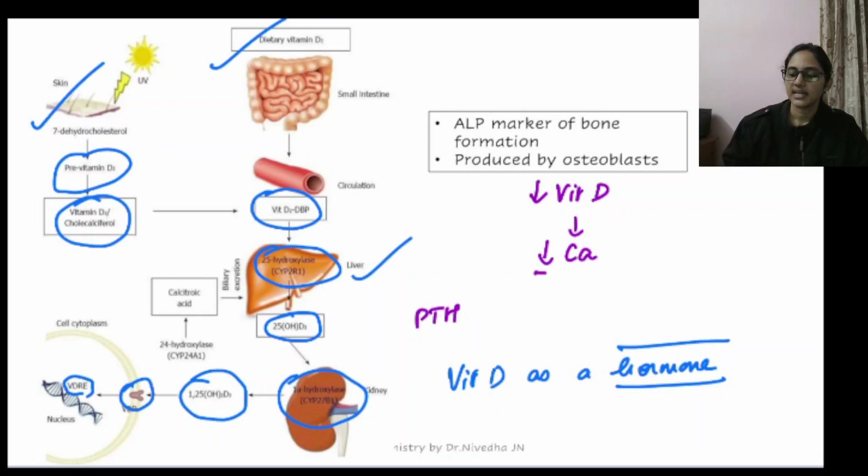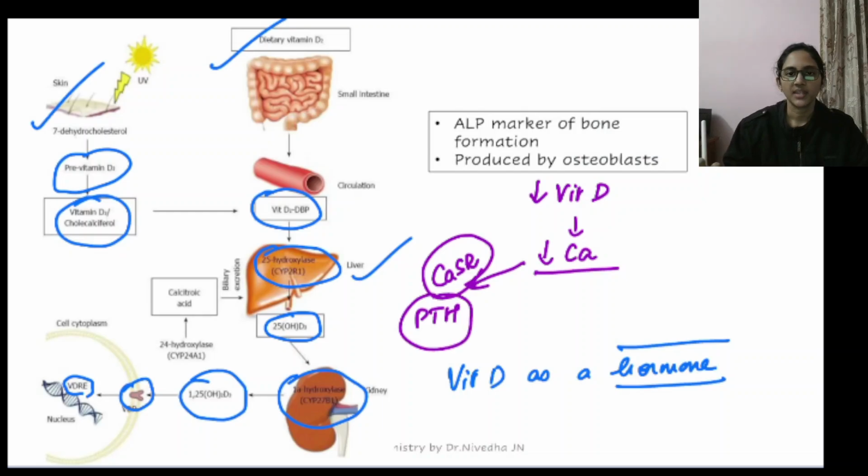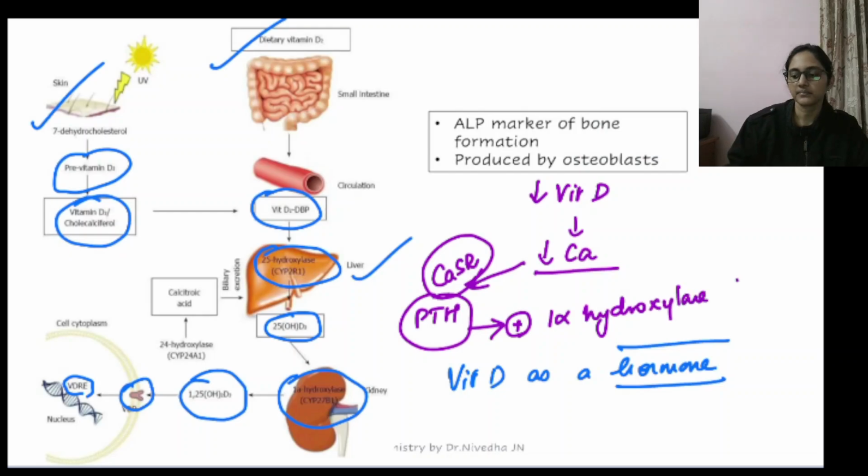So what happens? There is decreased calcium levels, then that is being sensed by the calcium sensing receptor of the parathyroid, and it produces parathyroid hormone, and parathyroid hormone in turn activates 1-alpha hydroxylase present in the kidney. Thereby it is going to induce the production of vitamin D, and it corrects the calcium.